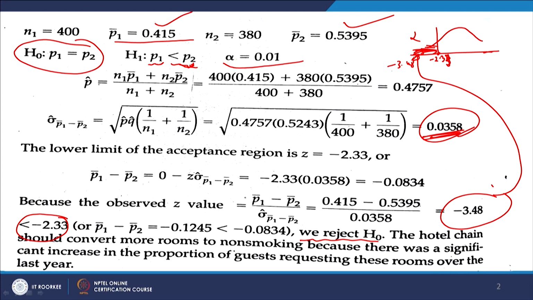It means we accept the alternative: the proportion of non-smokers was lower in the earlier year than this year. It means the hotel chain should convert more rooms to non-smoking, because there was a significant increase in the proportion of guests requesting non-smoking rooms.